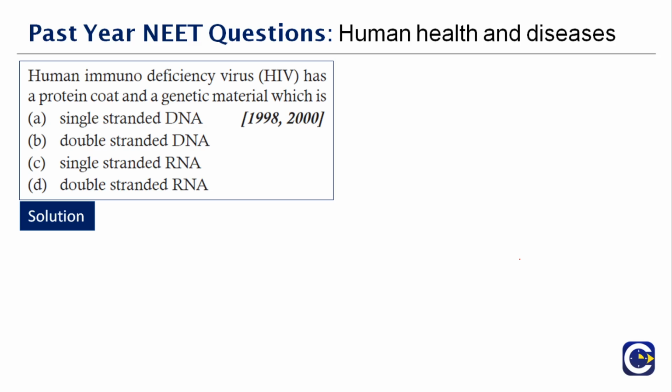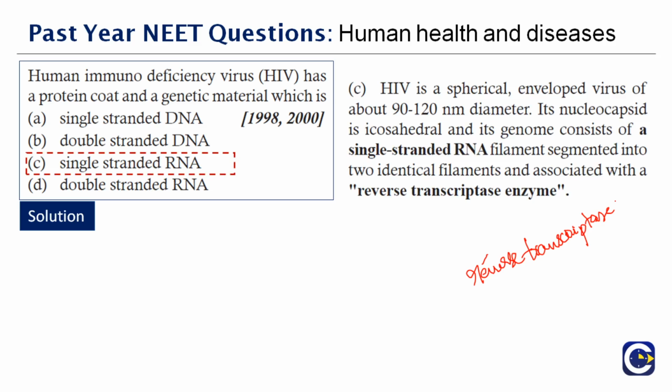This is associated with the important enzyme called reverse transcriptase. This property helps in converting the RNA into DNA. So that is why HIV stands unique till now and we don't have a proper vaccine for it. Therefore, the right answer to this question is option C.